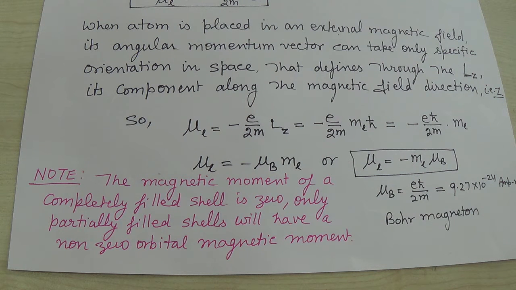Similarly for the p orbital, which has the capacity of 6 electrons, if all are filled completely, the magnetic moment will be equal to 0. But if p has, suppose, 5 electrons, then there will be a non-zero orbital magnetic dipole moment. This is the point related to calculating the magnetic moment.